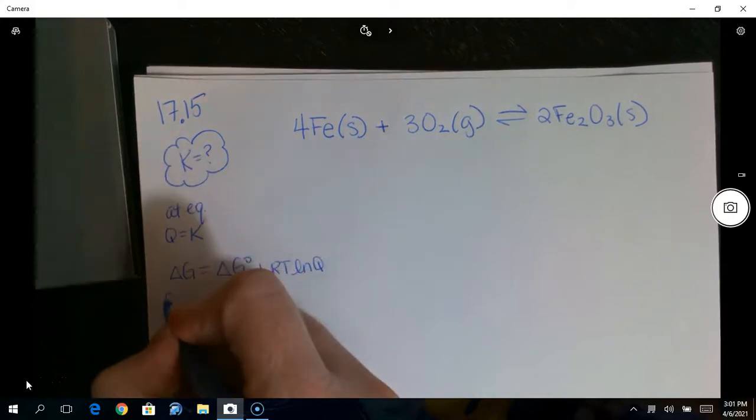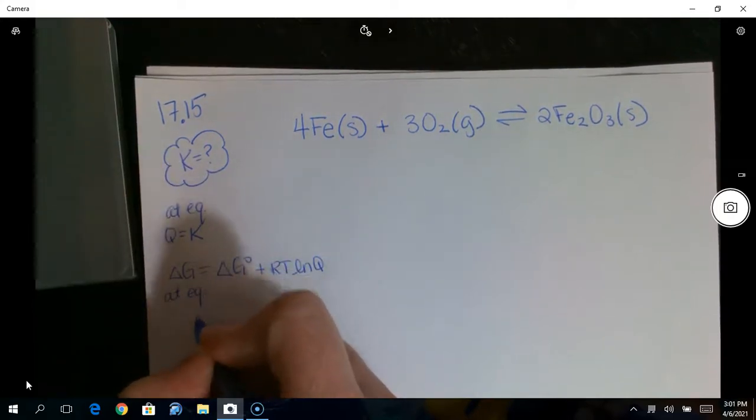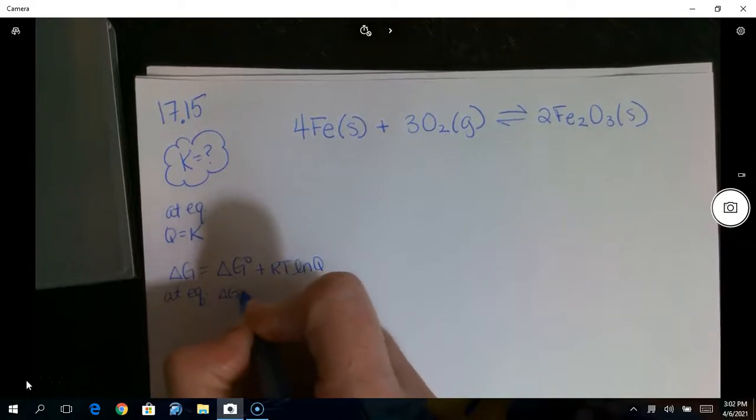So for this to be at equilibrium, delta G equals 0.